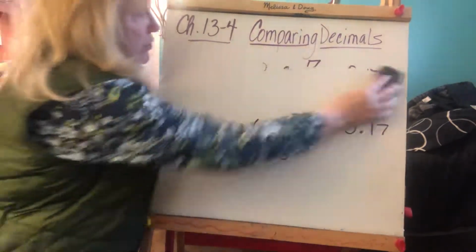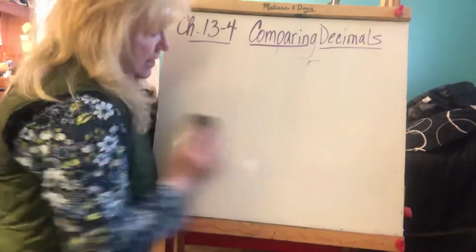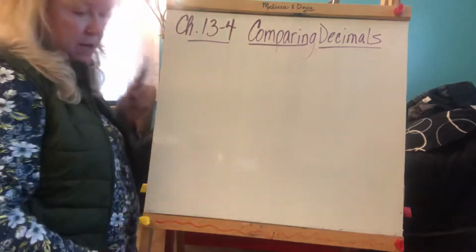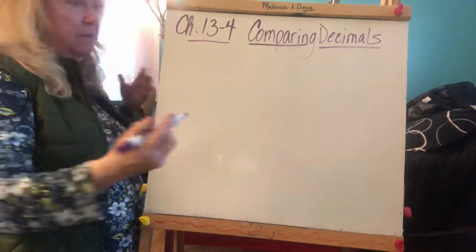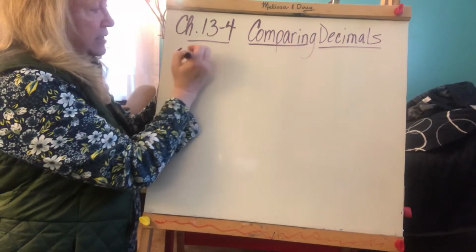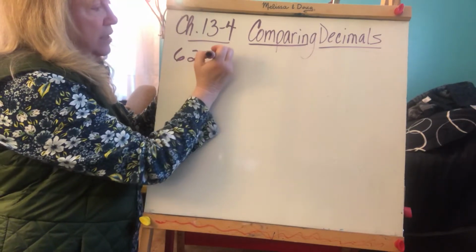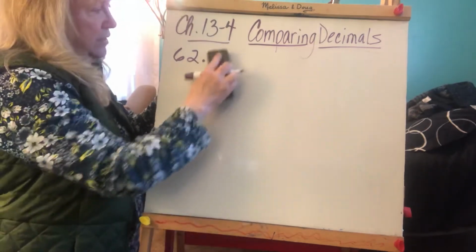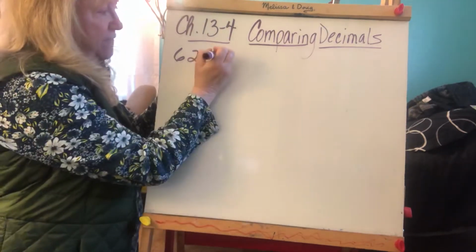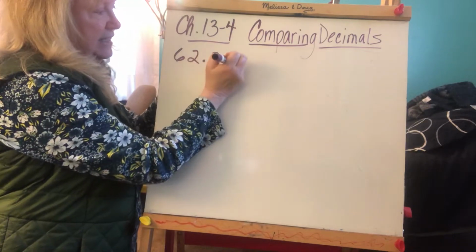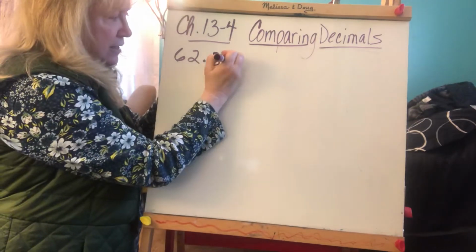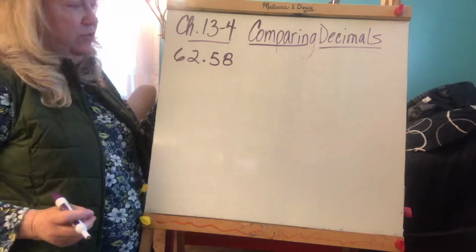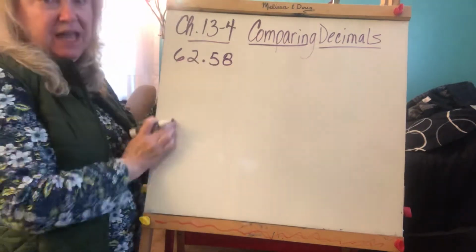Then we learned how to expand a number. Say we had 62 and 58 hundredths.